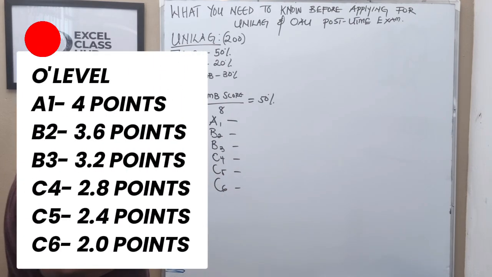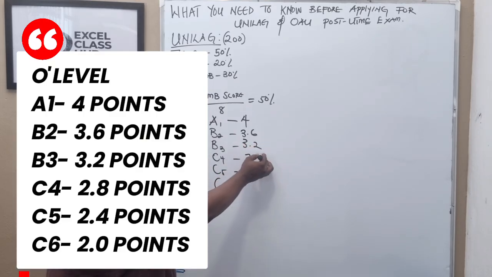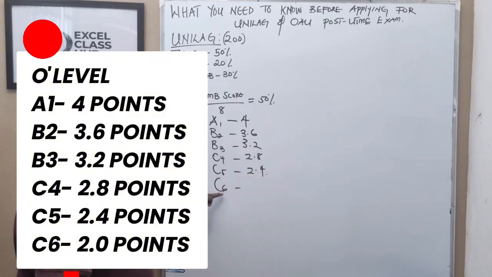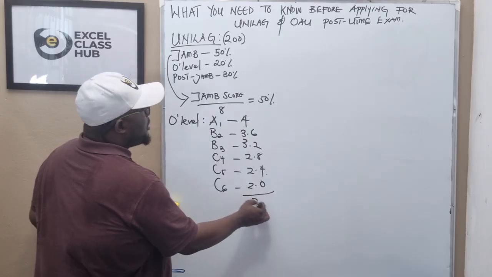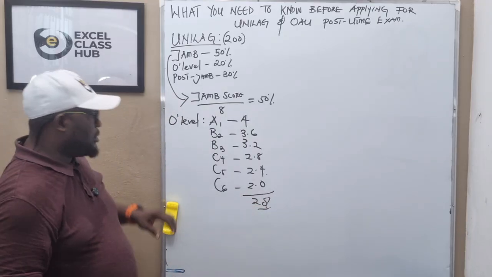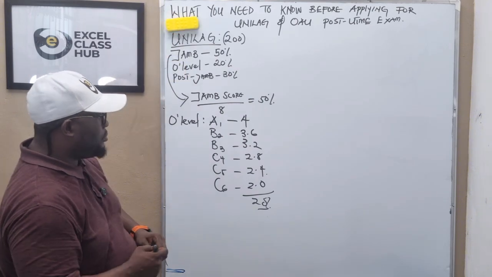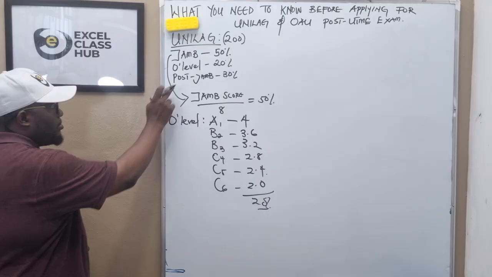Now, A1 is 4 points, B2 is 3.6 points, B3 is 3.2 points, C4 is 2.8 points, C5 is 2.4 points, and C6 is 2.0 points. So if you add everything together, you get 20%. That is how they calculate using your O-level result.